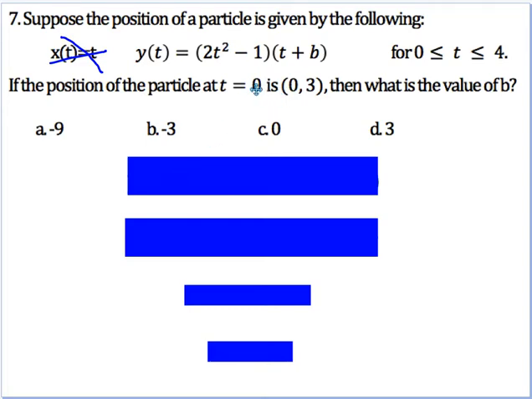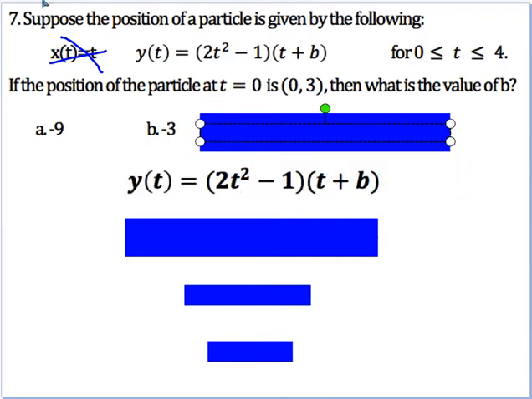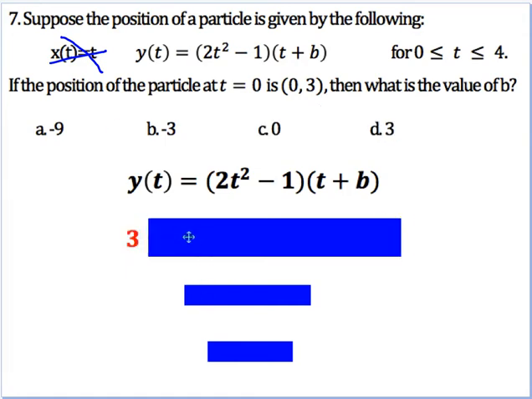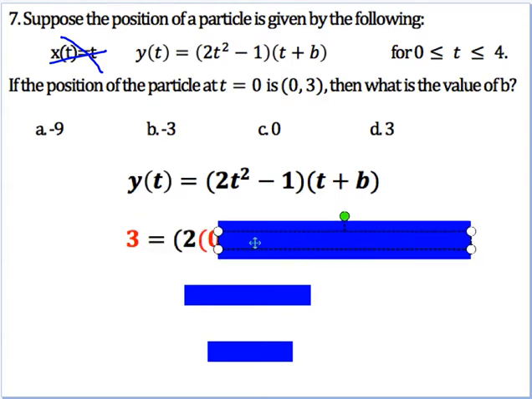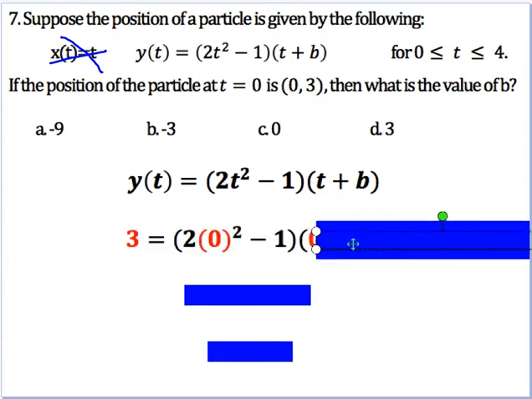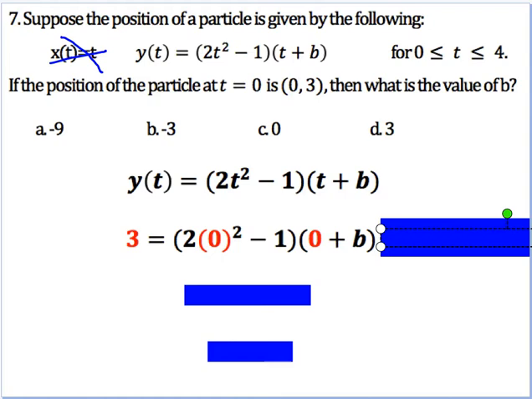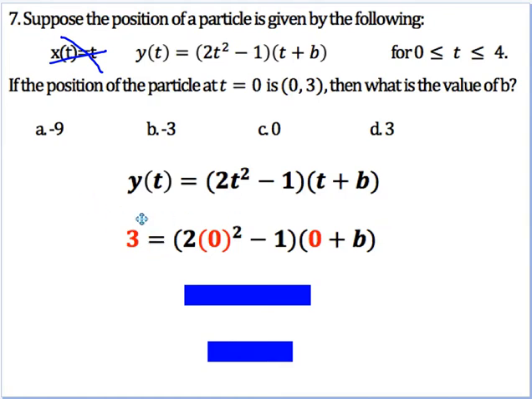I know that when t is 0, my y is going to be 3. So I'm going to plug in a 3 for y, and I'm going to plug in a 0 for all of my t's.